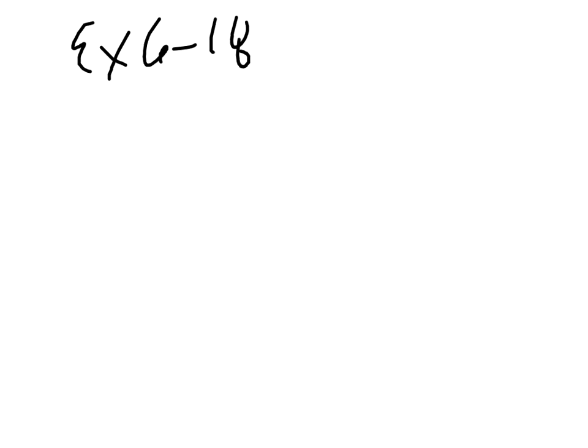This one has to do with batting averages, and it says if a baseball player's batting average is 0.320, find the probability that the player will get at most 26 hits in 100 at bats. Okay, so the first thing we've got, and I've lost my pen here, which is not good.